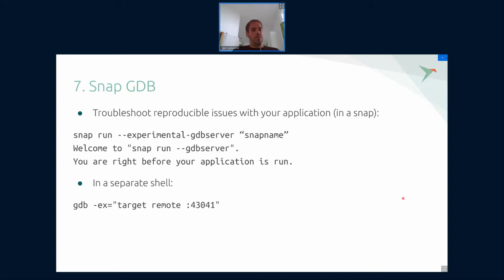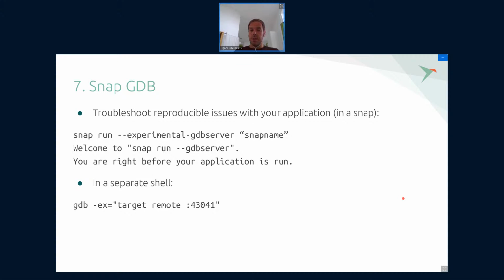And on the same note, we also have GDB support with snaps. You can actually run a GDB server, which will then open a high port, and connect to it using either a different terminal window or even an IDE or any remote debugging troubleshooting tool that supports GDB.